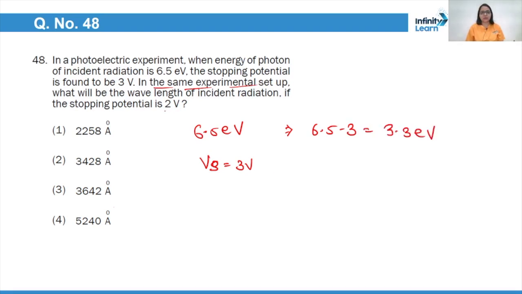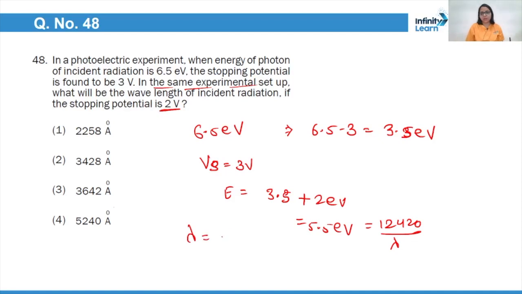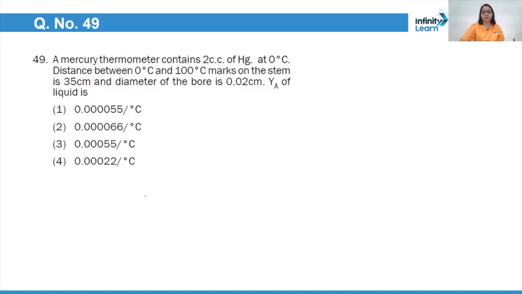In the second one, if stopping potential is 2, then energy will be 3.5 electron volt plus 2 electron volt, which is 5.5 electron volt, and this is equal to hc upon lambda, right, which is 12420 divided by lambda. So over here lambda will be 12420 divided by 5.5 angstrom. You'll get the answer in angstrom, which is equal to 2258 angstrom, which is option 1.